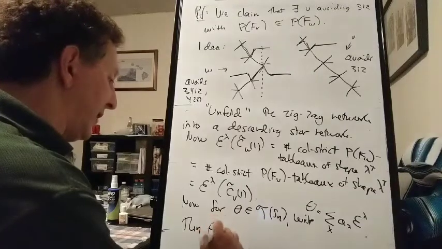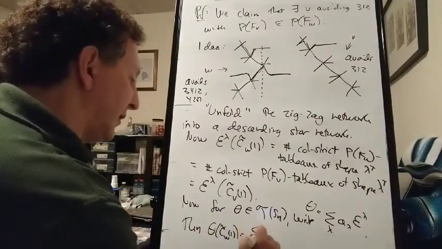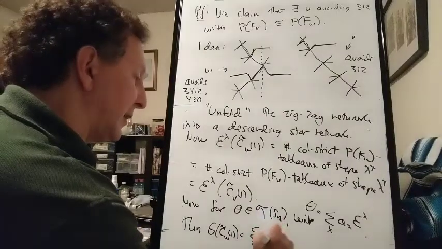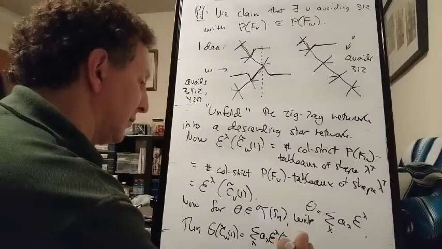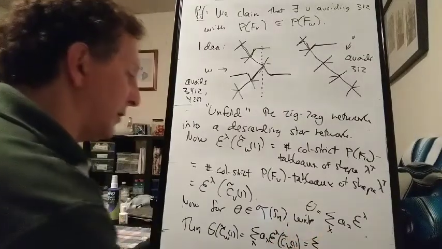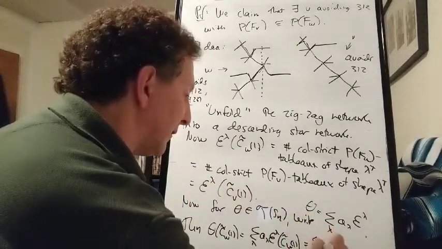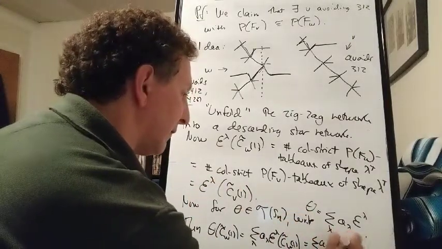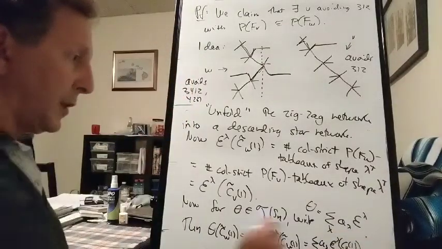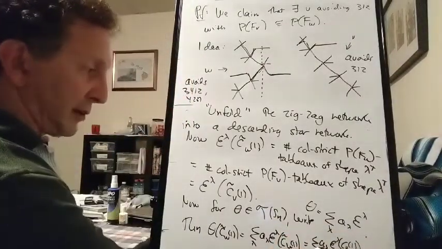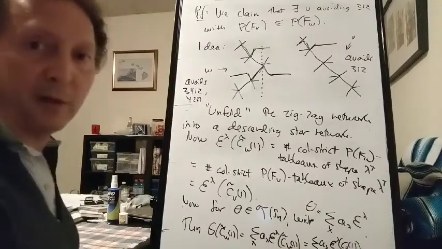Then theta of CW equals a sum of A lambda epsilon lambda of CW. Now epsilon lambda of CW is the same as epsilon lambda of CV. But this linear combination of A lambda epsilon lambda of CV is just equal to theta of CV.